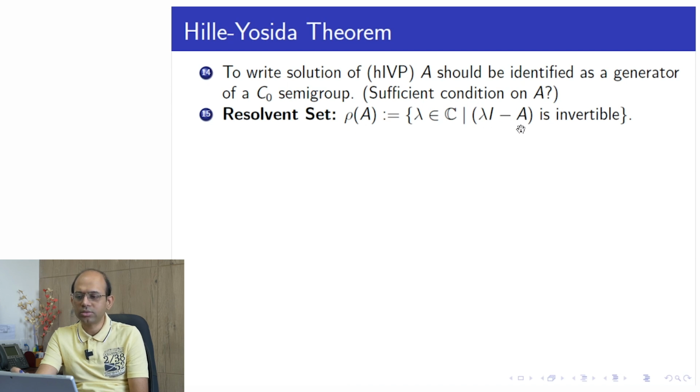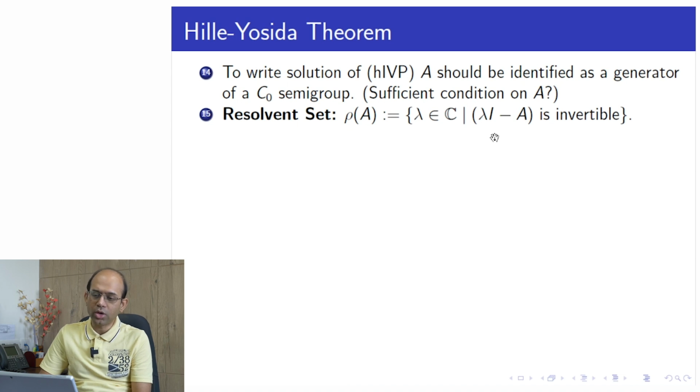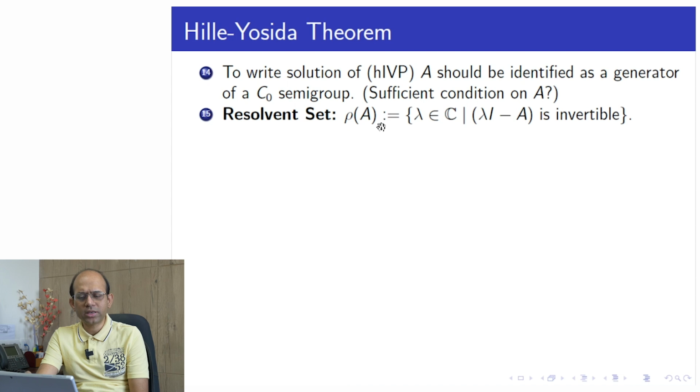This includes all those complex numbers for which this difference operator is invertible. That we call the resolvent set. So we know that the spectrum of an operator is contained in the complement of the resolvent set, correct?